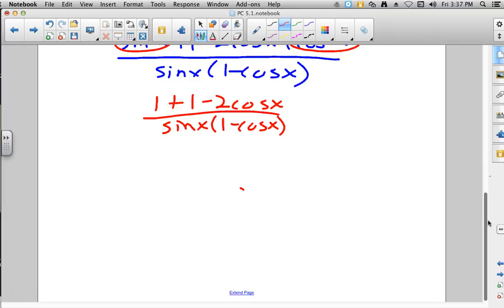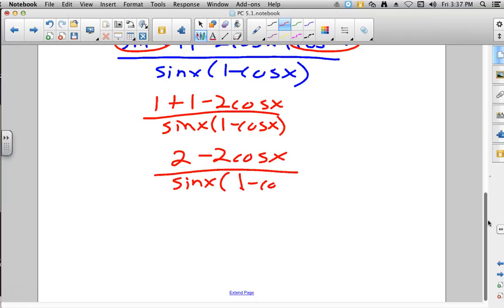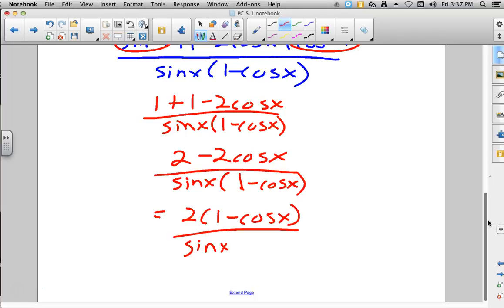Well, 1 and 1 is 2. I think I'll factor that 2 out. There it is. 1 minus cosine x cancels out.